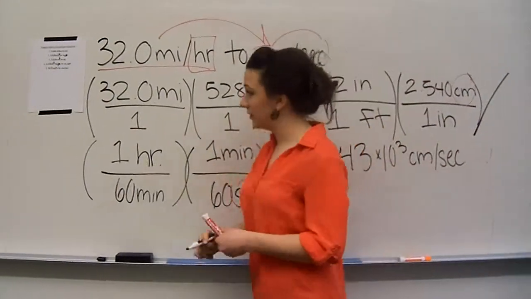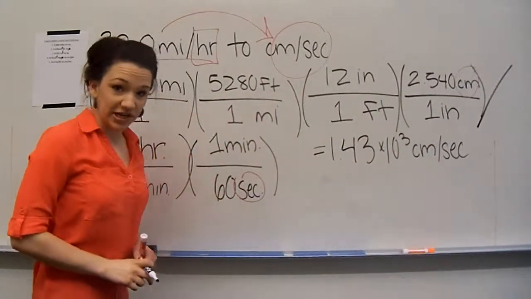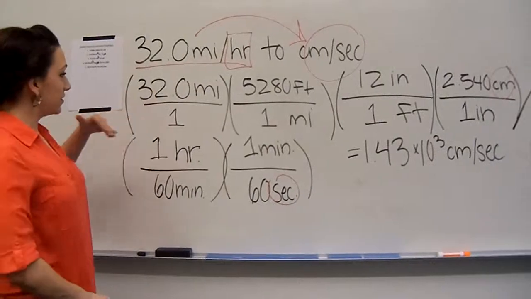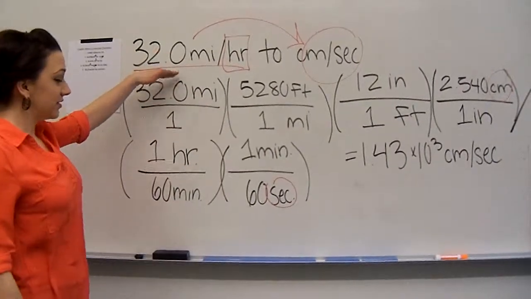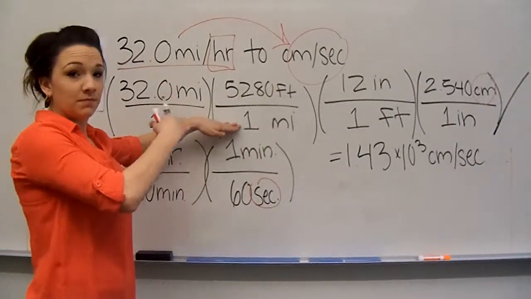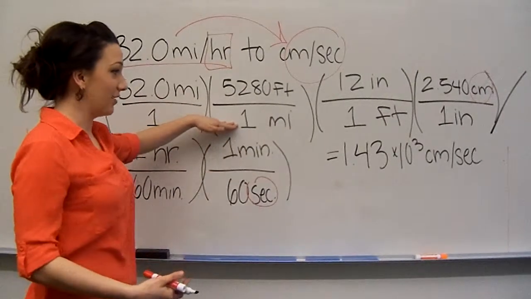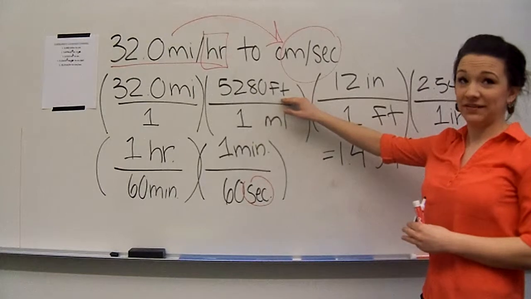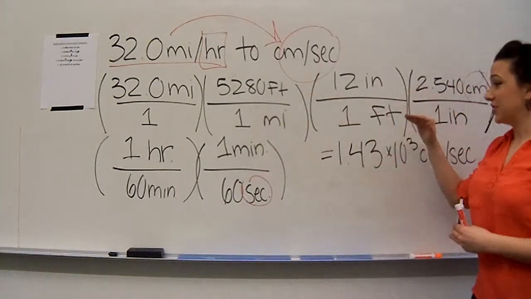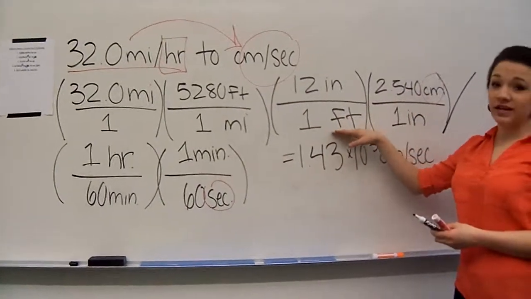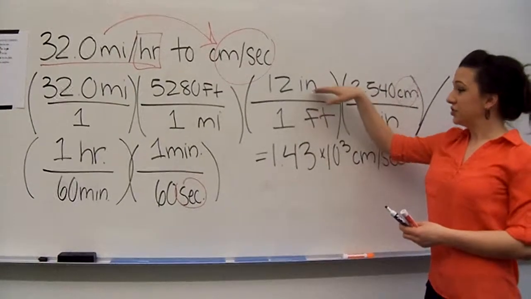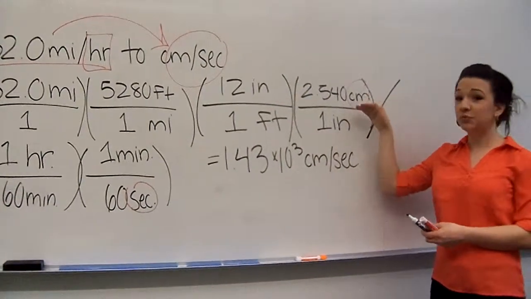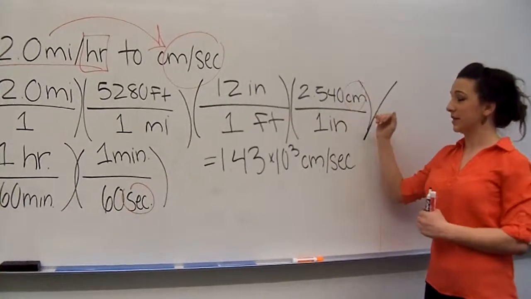As I said, my answer is in scientific notation, and it's important to verify everything you did. So we have 32 miles, which the units match 1 mile. 1 mile is equal to 5,280 feet. Feet matches 1 foot. 1 foot is equal to 12 inches. 12 inches matches 1 inch. 1 inch is equal to 2.540 centimeters.